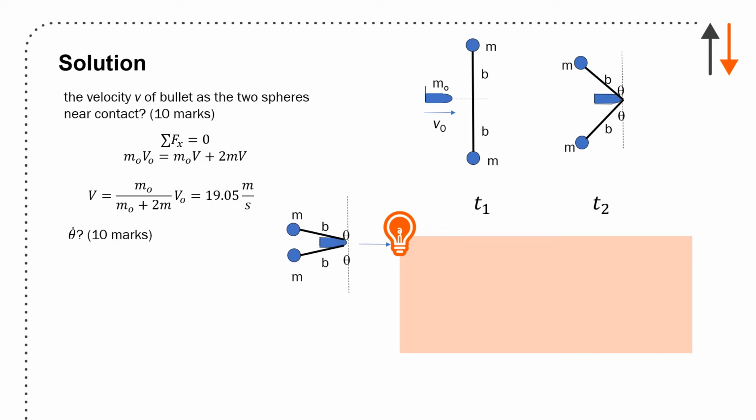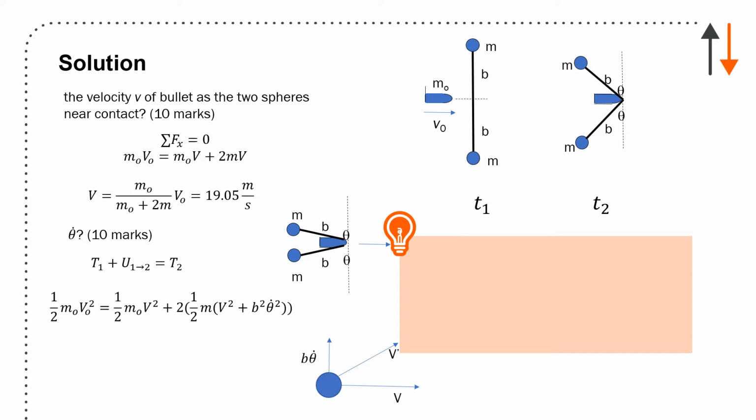You're then asked for theta dot, omega, and here it's going to be a force velocity distance. The first question was force velocity time, short time. This is a distance. You have to recognize that each of the spheres is going to have a velocity in the direction left to right, but also a rotational direction, which is defined by the half length of the cord, b theta dot.